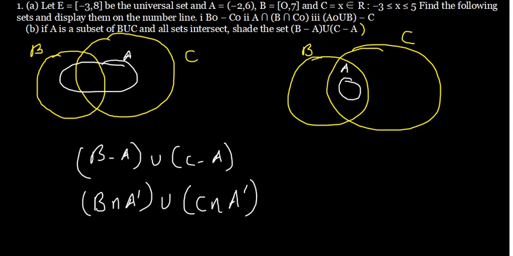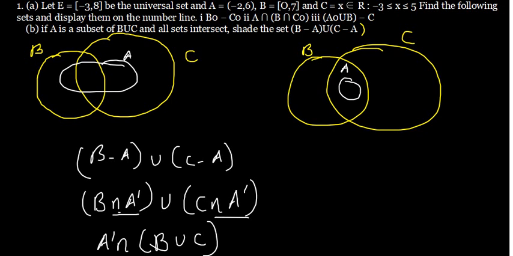I can simplify this. We can see A complement here, also A complement here. So I can write A complement intersect, because the intersect is common, and then we are going to have B union C. So this is the simplified form.